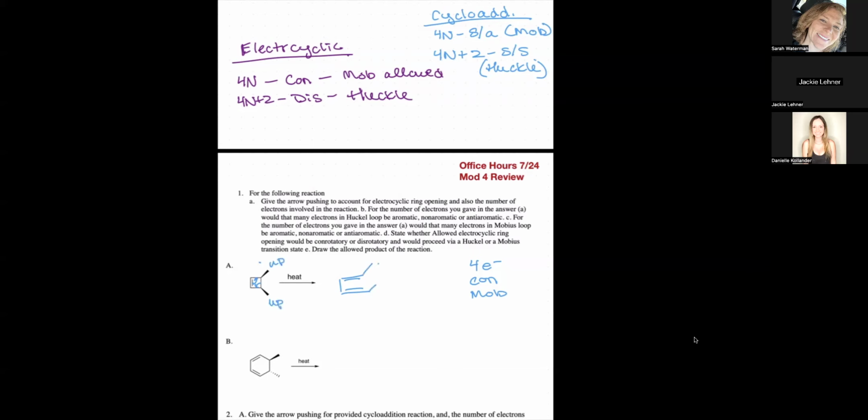So we're moving them conrotatory, which means in the same direction. If you had your two thumbs up in front of you and you move them both clockwise or both counterclockwise, you would have them both pointing to the right or both pointing to the left, right? So for this Mobius loop, this is aromatic, right? Because this is a 4N system. So the Mobius is your allowed aromatic.